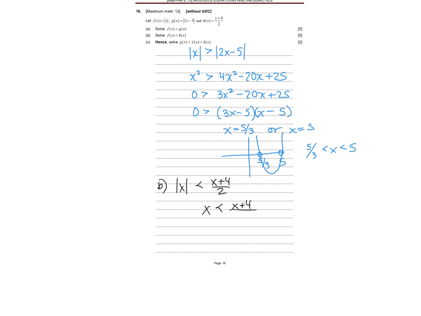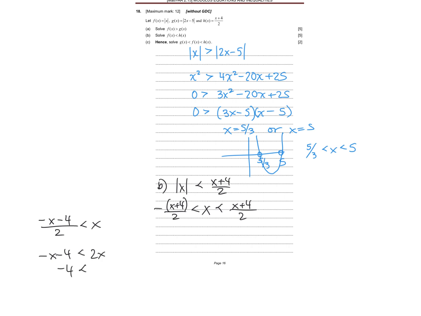And we can do the negative of that, but I would do them separately. So we're going to have negative x minus 4 over 2 less than x. And here we can just multiply by 2, because we're not switching an inequality around.